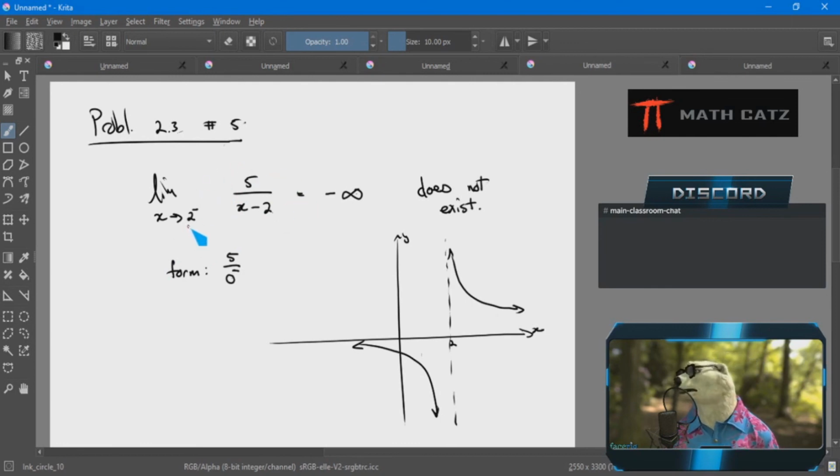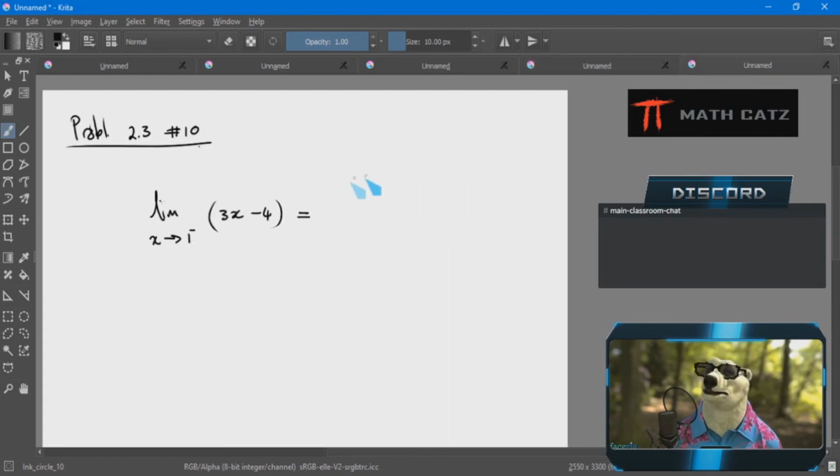But then I see, oh, I am dividing by 0 because x wants to be 2. So that's not going to be allowed. Go to the form, see what happens. Great. So I do scan over the function and see, oh, it's a linear function. It's a polynomial, defined everywhere. I could not care less what the x value is. I plug it in. 3 times 1 minus 4 equals -1. Exists.